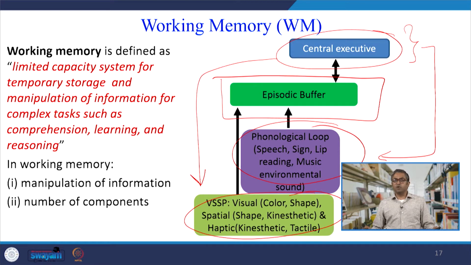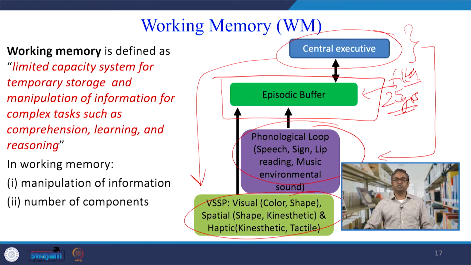It is not processing all information, and even a manipulation is happening there, and even a preference is there. But who is deciding this preference? That is what they added 25 years later, and that is nothing but the episodic buffer. This episodic buffer is actually filtering the information. It is acting like a filter.